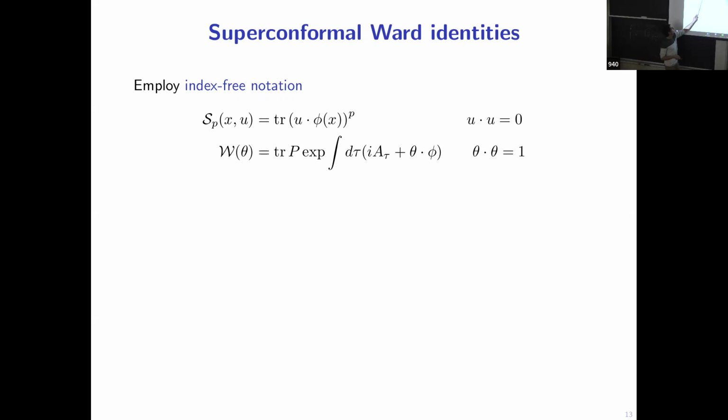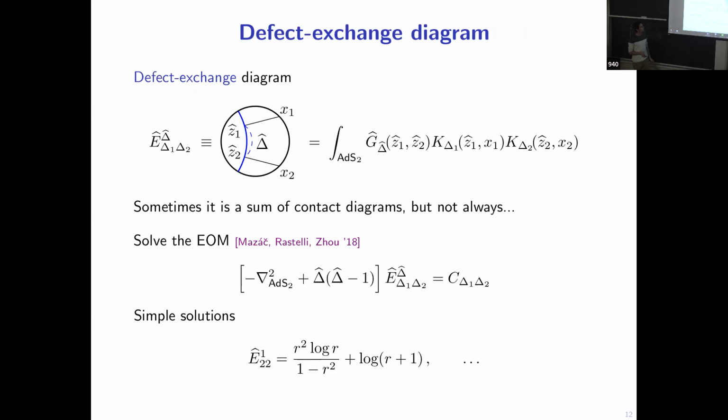Similarly, the Wilson line, as I was saying, is coupled to some scalar. There are six of these scalars, so you can choose a direction in this six-dimensional space. We parameterize this direction by some angle theta that has unit norm.